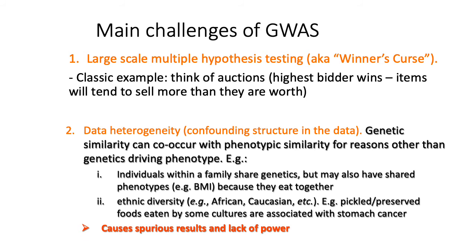Because there's always some random variation, even if everyone's bidding about the value of the car, some will bid higher than others. And because the person who bid the most wins the auction, the car will sell for more than it's actually worth.